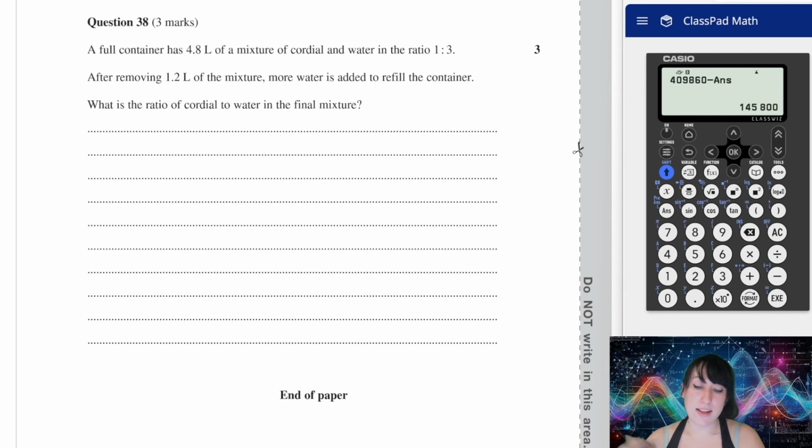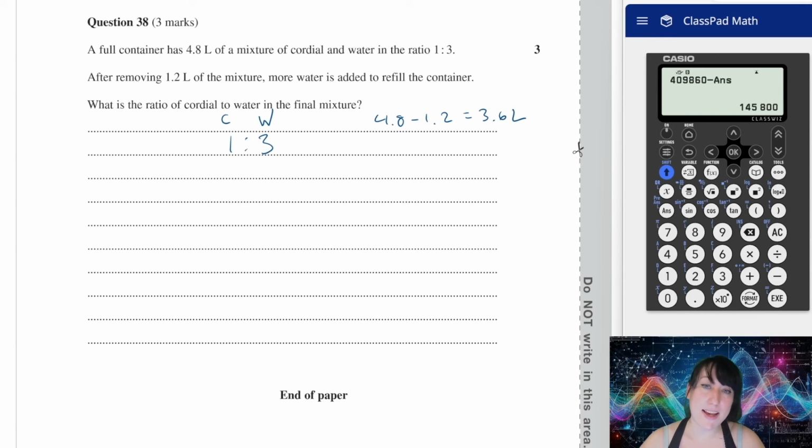So let's first work out how much we have of each, as in originally, if the ratio of cordial to water is 1:3, how much in liters is that? So it was 4.8, but we poured 1.2 out, so that leaves 3.6 liters in the ratio 1:3.